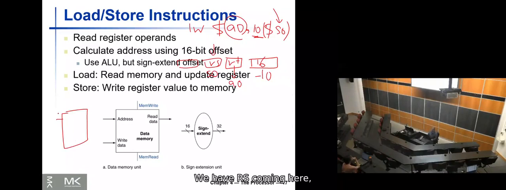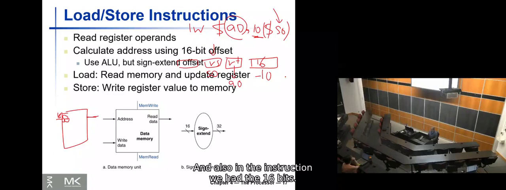So we have RS coming here, which in our case is S0. So the address of S0 comes here. As soon as the address comes here, the register file prepares the data value. So we have the value of S0 here.